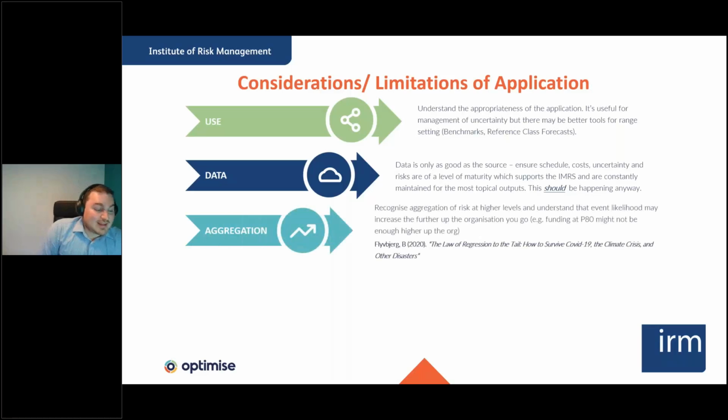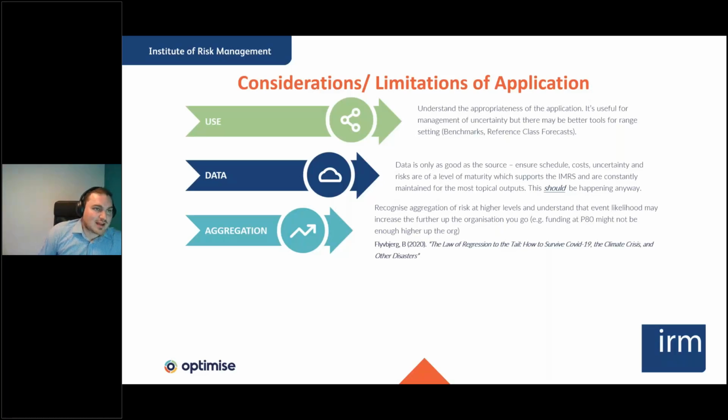Aggregation is absolutely key. Any of you that know Professor Bent Flyvbjerg from Oxford Global Projects and Oxford University, he's very keen at the moment on the law of regression to the tail, which is all about some of these bigger impacts that we've talked about, and some of these disasters that I mentioned on the earlier slide, and how we consider those.